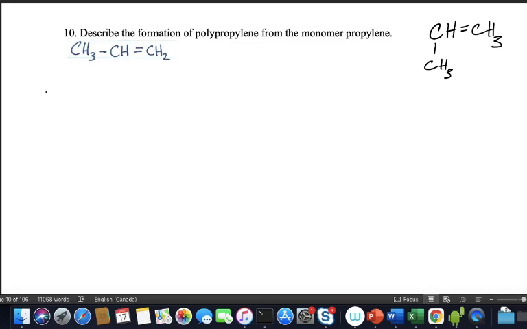Now, every addition polymer starts with the same step 1, initiation. And when you're doing your quiz and on your exam, this is typically what we want to see through your question. So, step 1, initiation. You need to create what's known as a free radical.